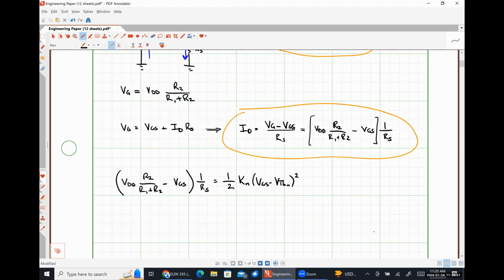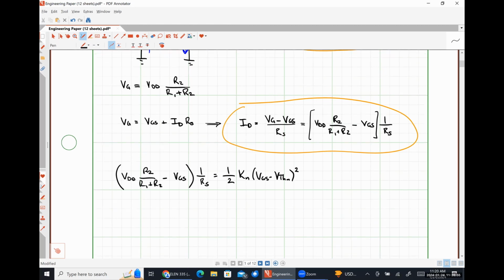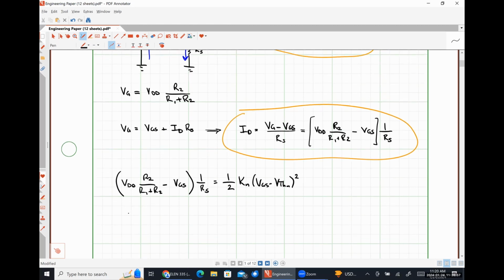And we can effectively expand this and move things around such that we get the following polynomial relationship.